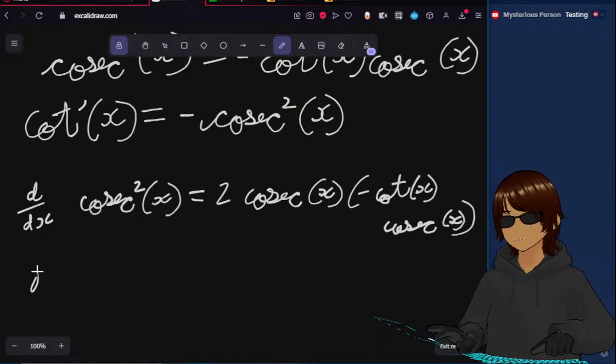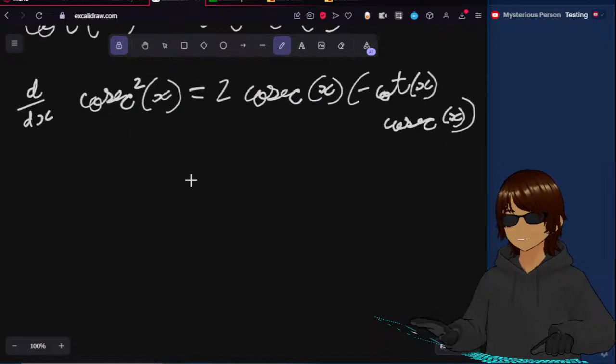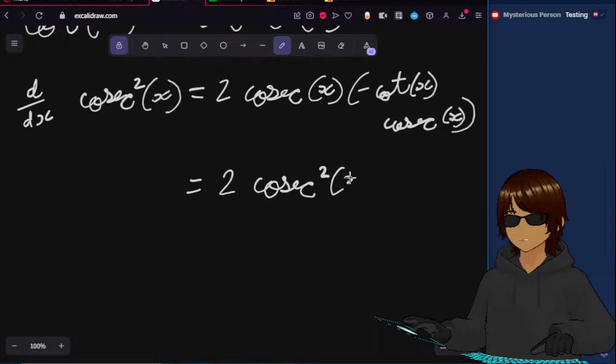Wait, hold on. Then this is equal to 2 cosecant squared minus 2 cotangent x.